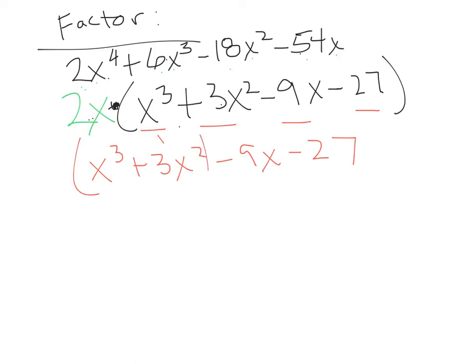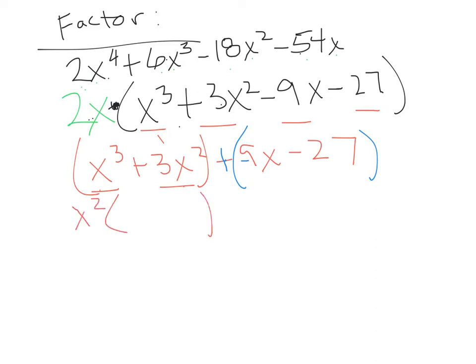And I'm going to group the first two terms and the last two terms. But be careful. When you group the last two terms, if you have a minus here, change it to a plus and put the minus on the inside, or you're going to have some problems with your signs. So, looking at my GCF for just the first two terms, x to the 3rd and 3x squared, they have an x squared in common.